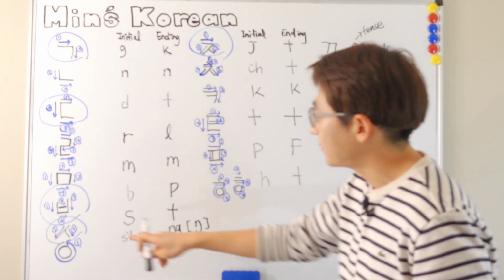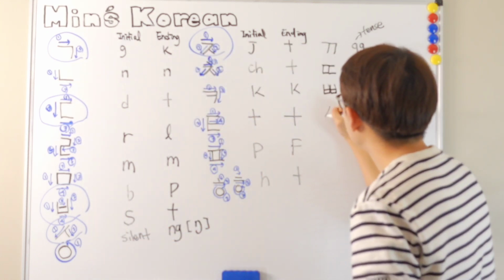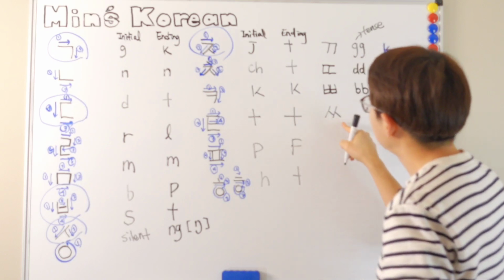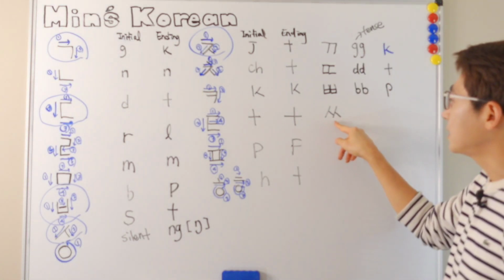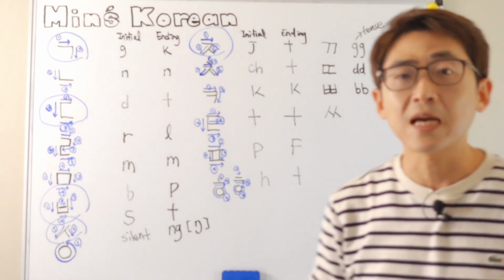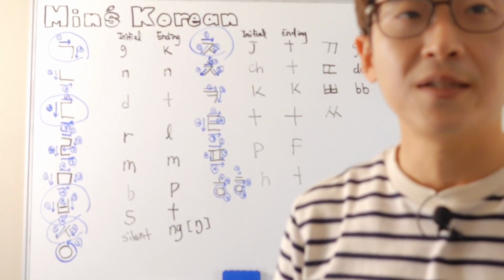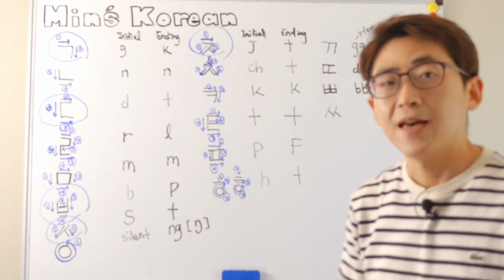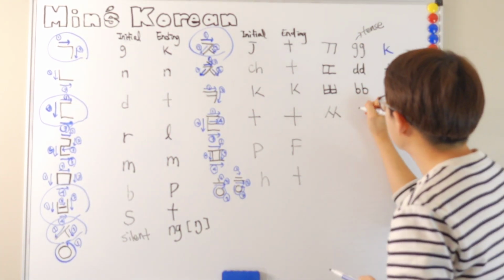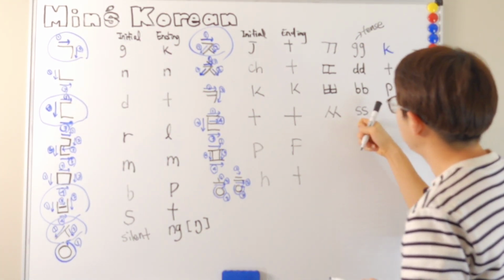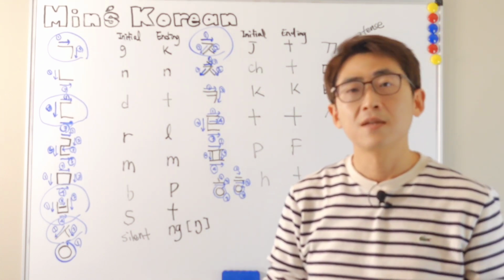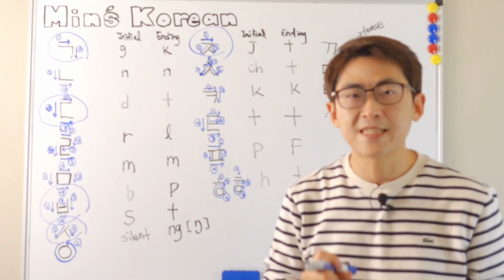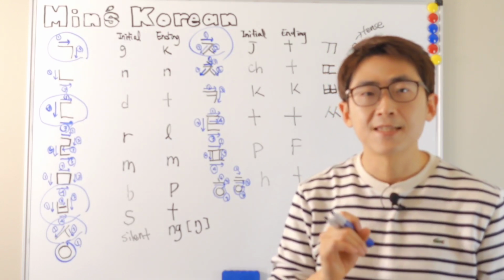And next we have this one. So two 시옷 together, and it makes 쌍시옷, okay? And this one makes the sound of this. So instead of saying sing, you can say sing, sing, sing.